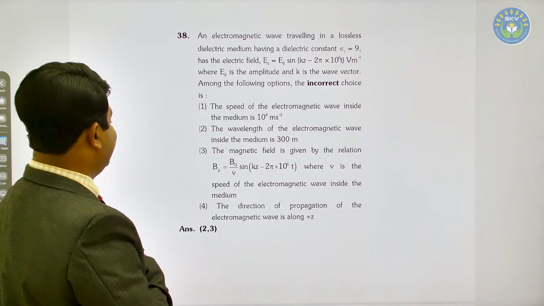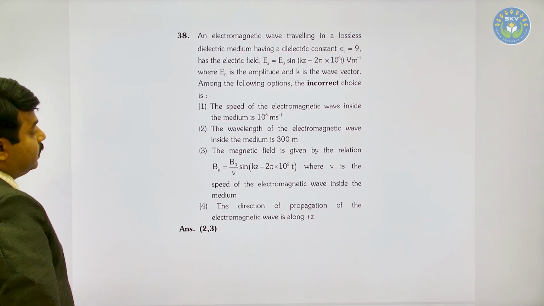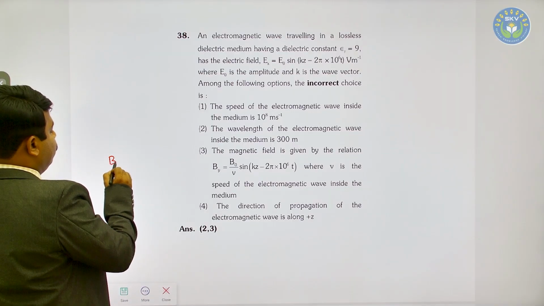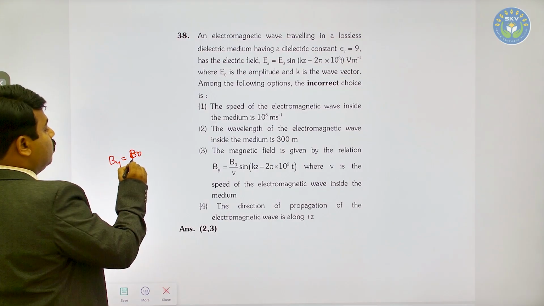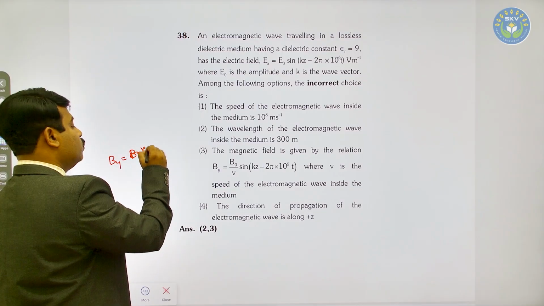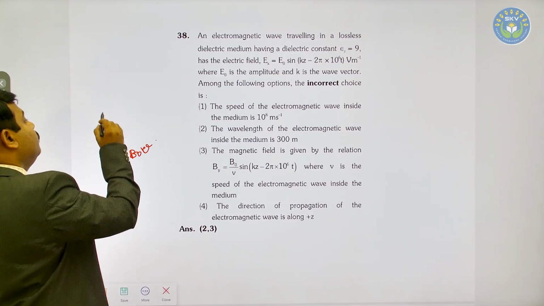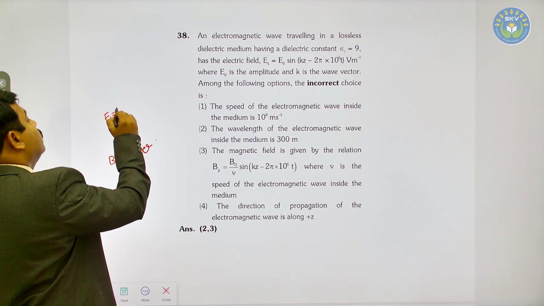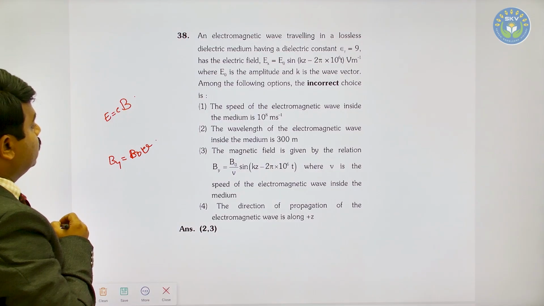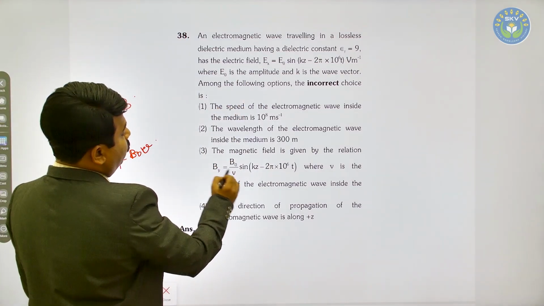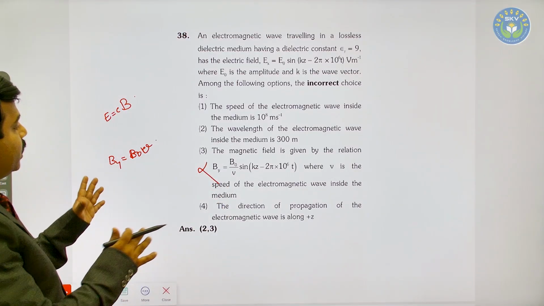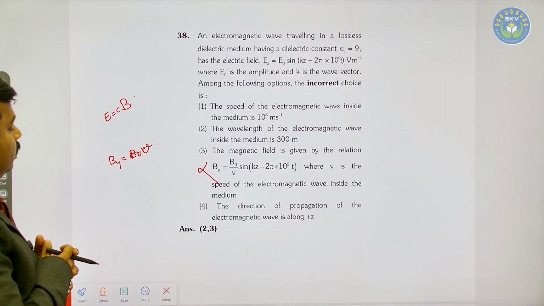Among the following options, the incorrect choice is... We know the magnetic field is B0, in terms of E0 and velocity, because E is equal to C B, so B is equal to E by C. So here E0 by C comes in the magnetic field. This is definitely correct.